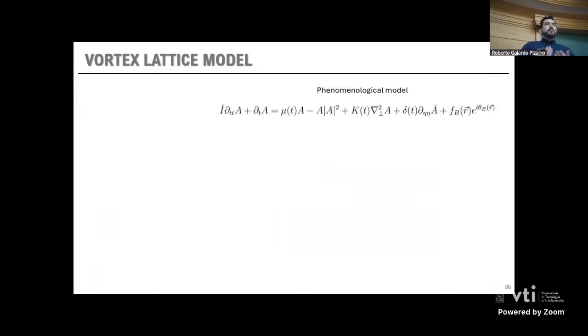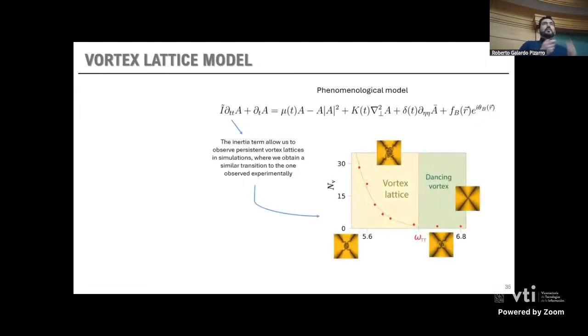So we wanted to understand if the phenomenological model that we used for the dancing vortices has these same features that we are observing here for low frequencies. Unfortunately, as we will have more capacitive effects for lower frequencies, we will have to modify this phenomenological model. And what happened is that if we only use this part of the equation, we have lattices, but these lattices will disappear and we obtain again just one vortex.